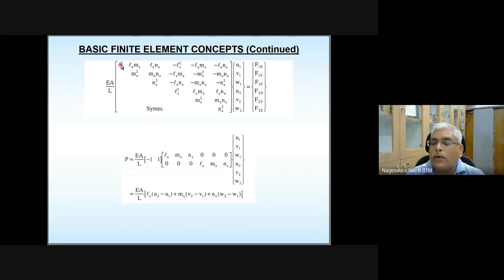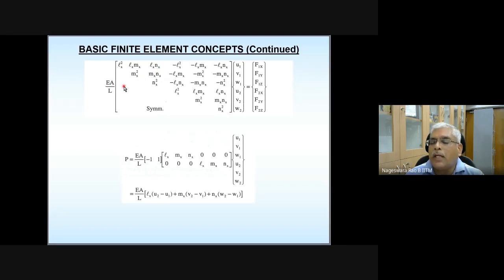And then the first row, you multiply with Lx. So Lx is already there, and you multiply with another Lx, so it's going to be Lx square, LxMx, LxNx. And second row, Lx is there, you multiply with Mx, it becomes LxMx, Mx square, MxNx.